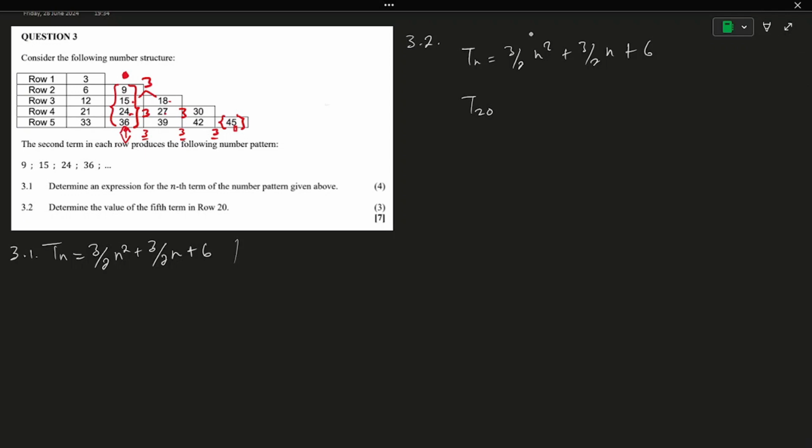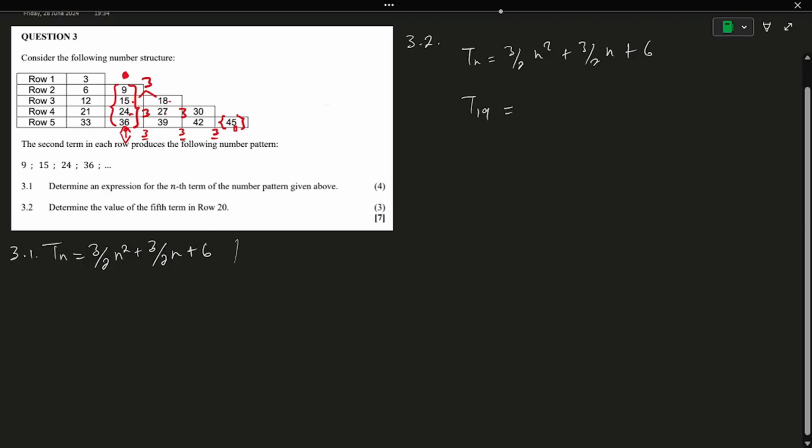Because in row 1, there was no second column. There was only one column. So we're not going to say T20 here. We're going to say T19 because it started in row 2. So that's 20 minus the first row, and we were left with now 19, right?